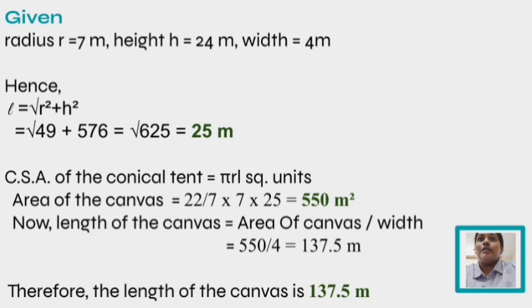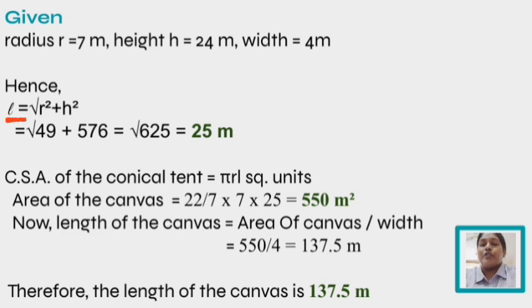They have asked us to find the length of the canvas. Now think about it. If you want to cover a cone with cloth, you have to cover the curved surface only, not the base. The base is on the ground. So first we need to find the curved surface area. To find the curved surface area, we need the slant height first.